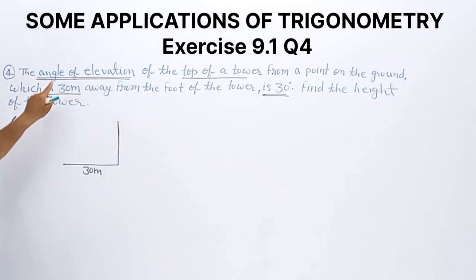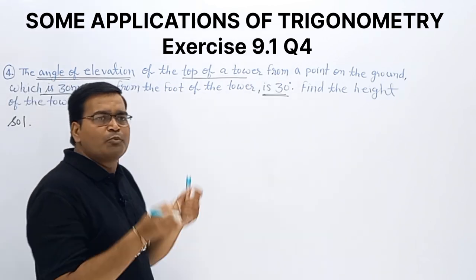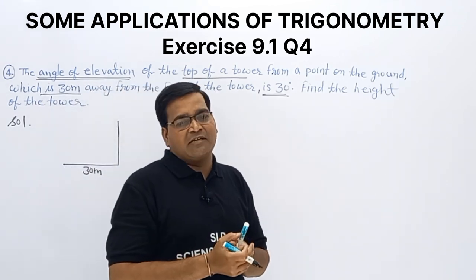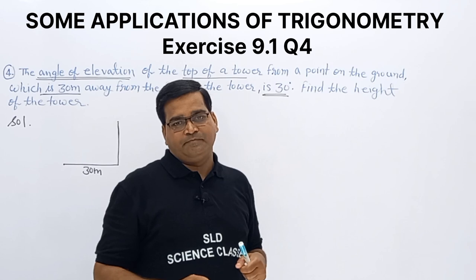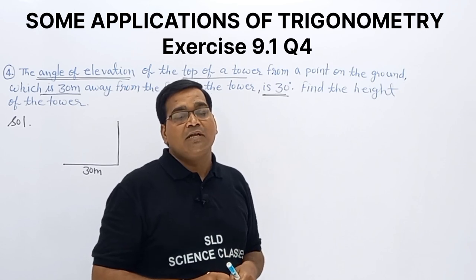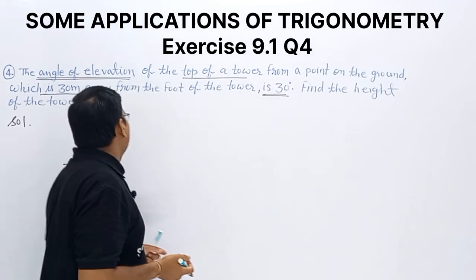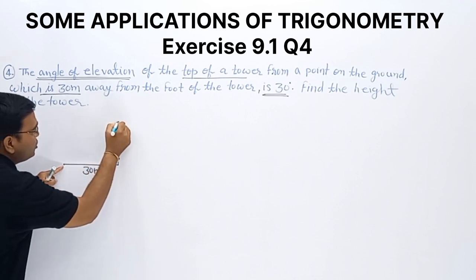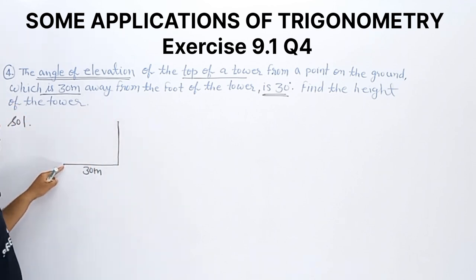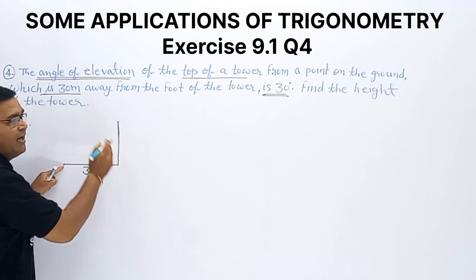So first we should know the meaning of the angle of elevation. Once we observe any object and our head is raising up. Once I am standing there, I want to watch this one. We are having one tower.